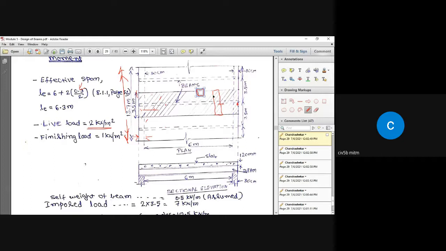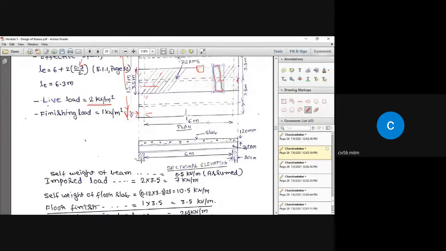So it is per meter square 2 kilonewton, and if you multiply that 2 kilonewton by the width, we are going to get 7 kilonewton load per meter length along this span.